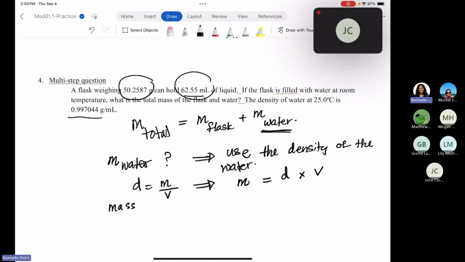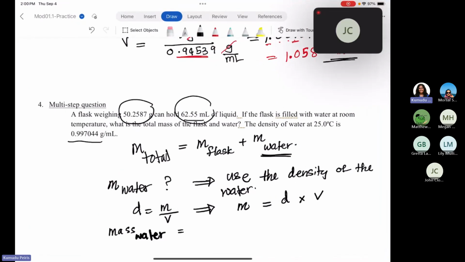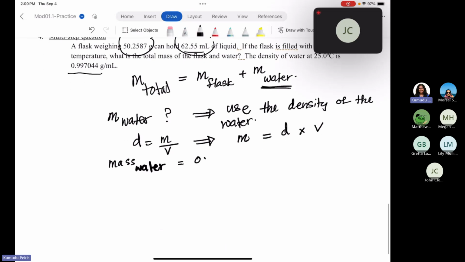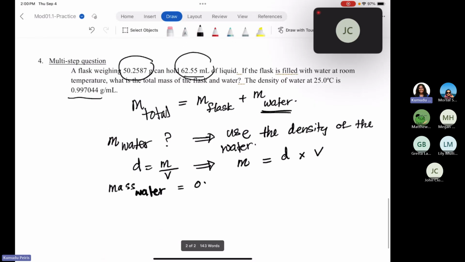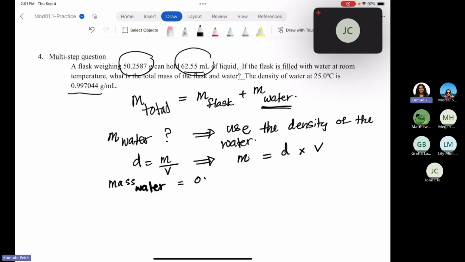So the mass of the water will be equal to the density, 0.99704. Please keep an eye on the units, grams per milliliter, multiplied by the volume.